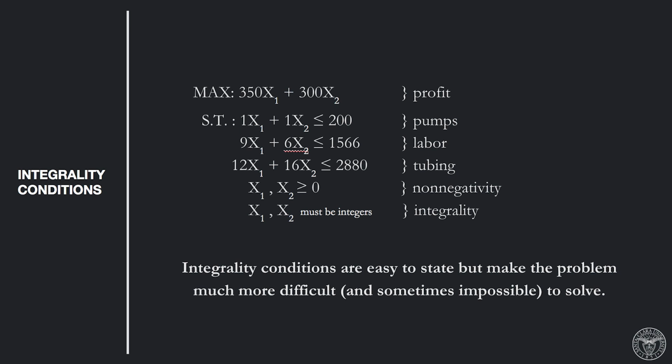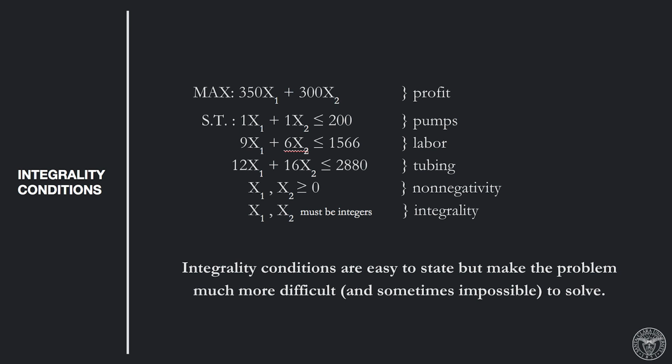And we also have the non-negative constraints. But in that case, we never specified that the hot tubs must come in integers. In reality, of course, we cannot have half of a hot tub, so we must specify them as integers.